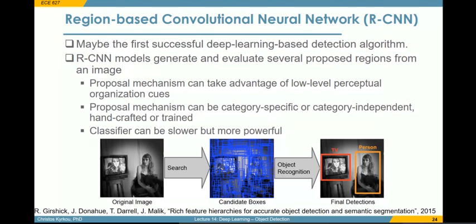Since we have fewer proposals than doing an exhaustive search, it's more accurate but a slower classifier. They use an SVM to classify the features extracted by each of these CNNs. As you can see in the image here, the main idea is we have the image, we have some candidate regions, and through the recognition pipeline that they propose, we end up only with the detections.